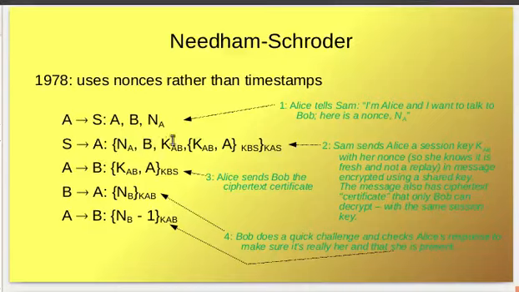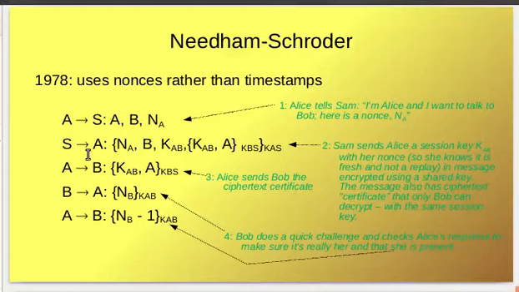Here's a key that the two of you can use, and here is a blob that you can send to Bob. You can't read it, but Bob can. And this is all encrypted using a key that is shared between Sam and Alice. Okay, so that's the second step. Sam sends Alice a session key, that is KAB, with her nonce to prove that it is fresh, it just happened, and it's not a replay.